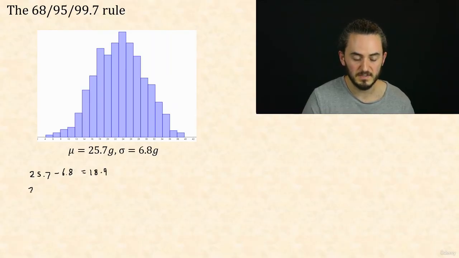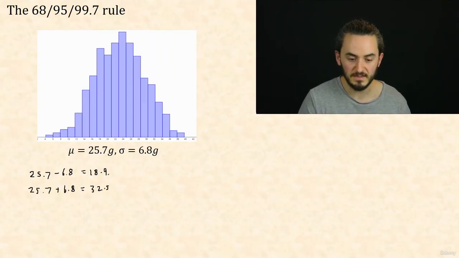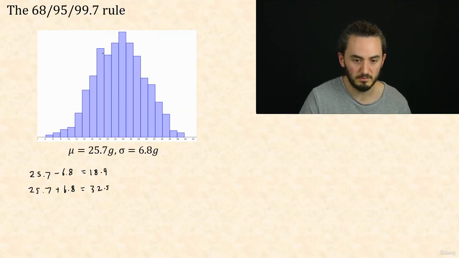And if I do 25.7 plus 6.8, I get 32.5. So really what it's saying is, what percentage of the data is between 18.9, which on our one is about here, and 32.5, which is about here.